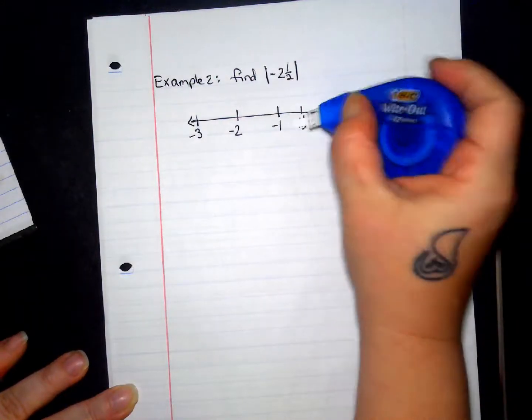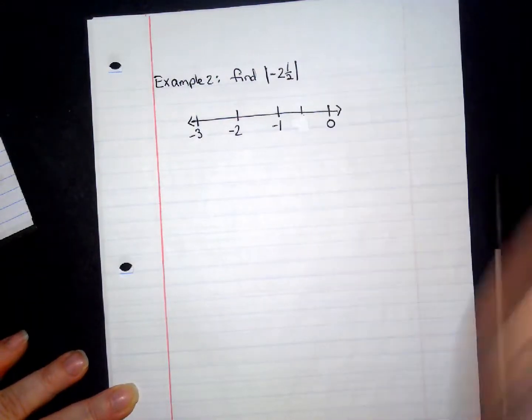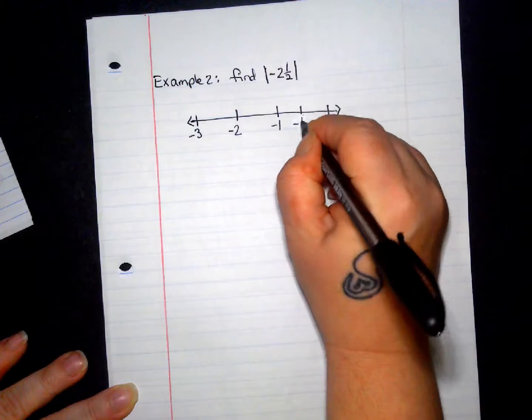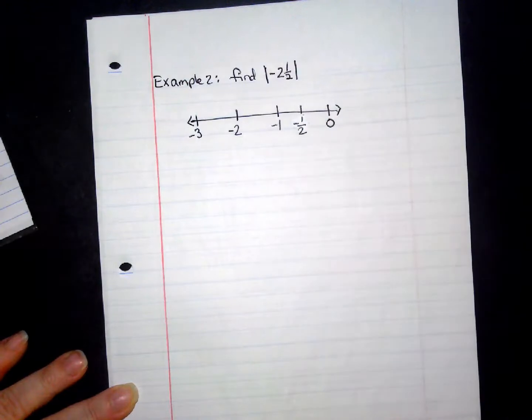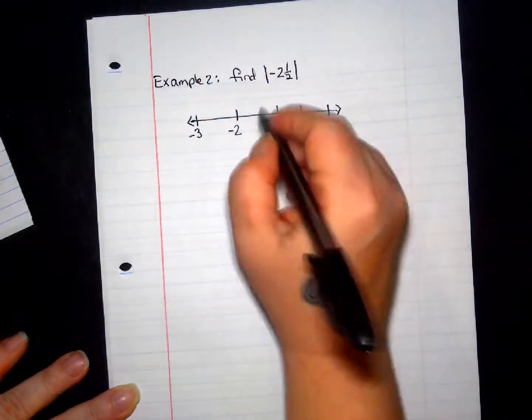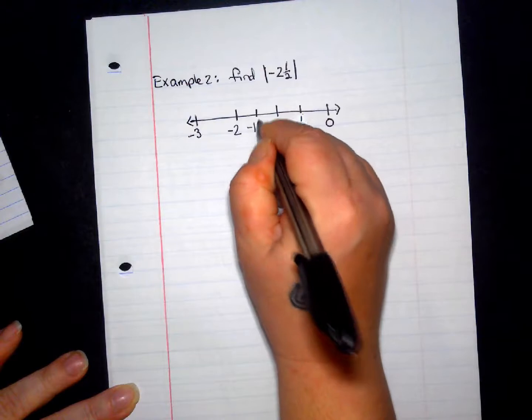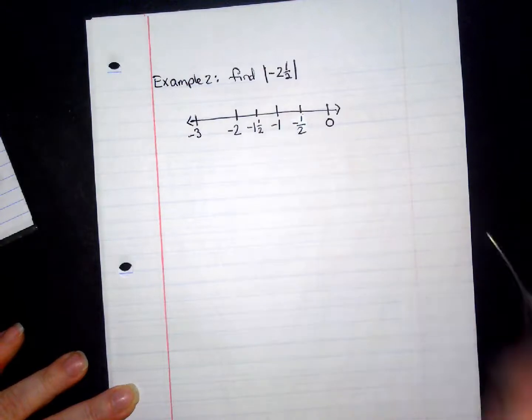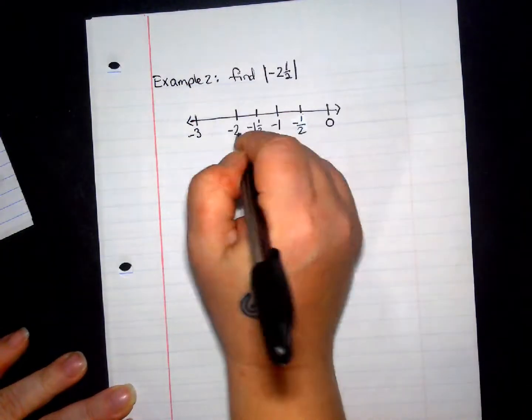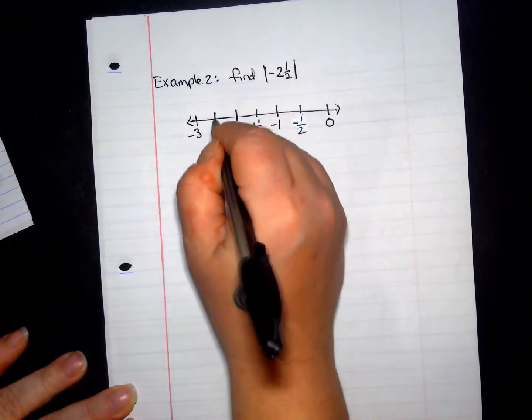Sorry. Halfway between -1 and -2 is -1 1/2. And halfway between -2 and -3 is -2 1/2.